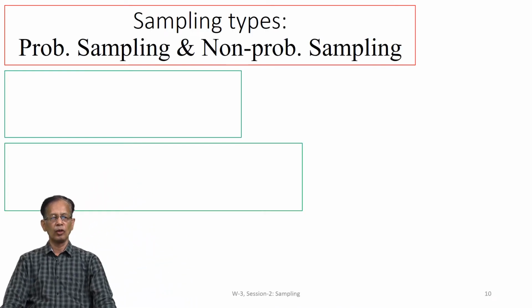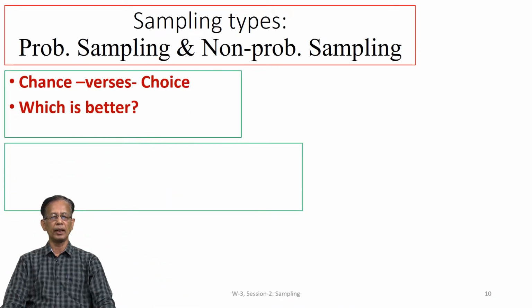So, when you have got two options, the question comes to our mind, which is better? Is probability sampling better or non-probability sampling better? I will not be answering right now. I sincerely hope you will get the answer automatically within the next 4-5 minutes when I am discussing something. But let me show you one very interesting example. Say one of us is making a study on gold consumption of Indian marriages.